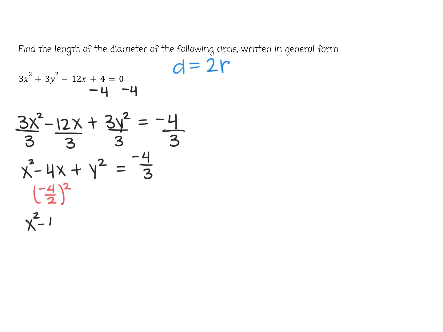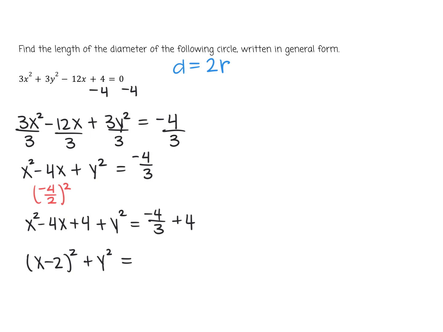So I'm going to have x squared minus 4x plus 4 plus y squared equals -4/3 plus 4. So when I'm doing -4/3 plus 4, I will show you that in a second. So x squared minus 4x plus 4 is going to factor as x minus 2 squared plus y squared. And now I have to figure out what -4/3 plus 4 is.